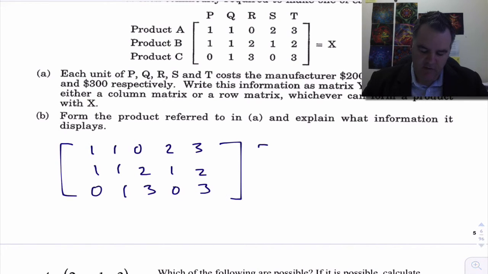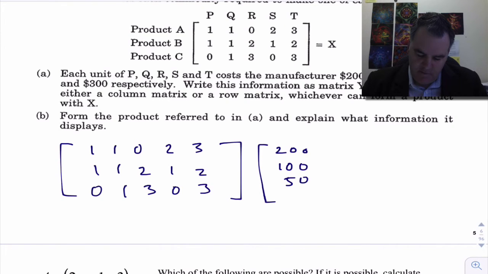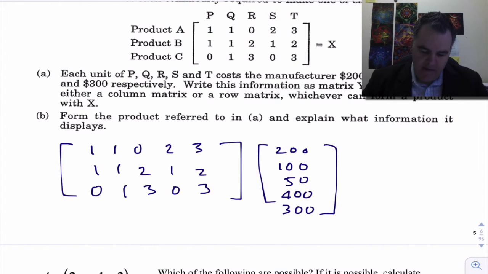That's our matrix X. Now I'm going to put the costs of each of these in another column matrix at the side here. So we've got 200, 100, 50, 400, and 300.